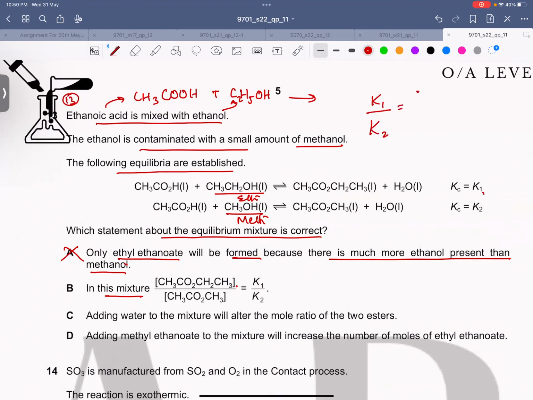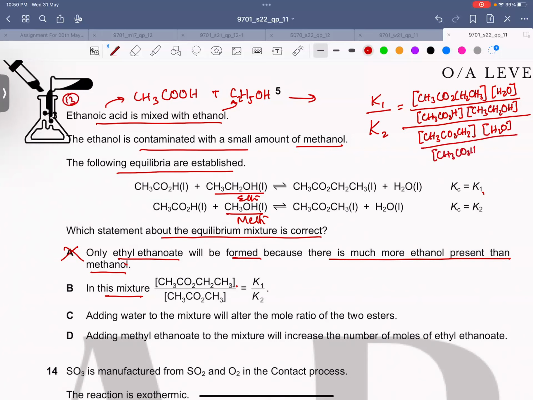So if we do this, it will become CH3CO2CH2CH3 times H2O divided by CH3CO2H times CH3CH2OH, and this whole thing would be divided by CH3CO2CH3 times H2O over CH3CO2H and CH3OH.